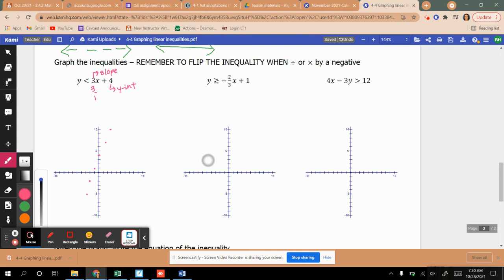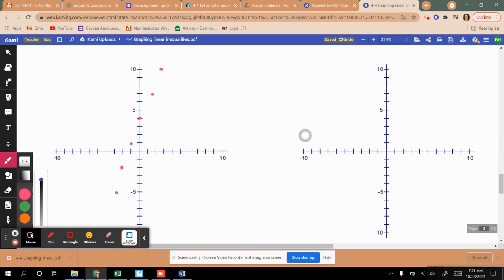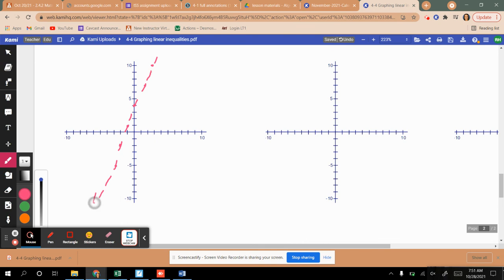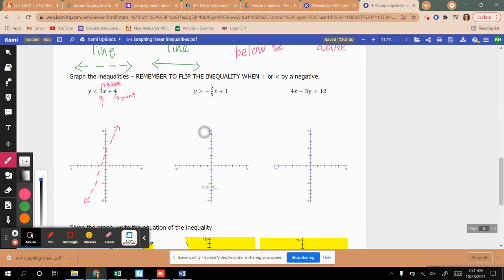Now looking at the sign, we have less than, solid or striped line? Good, it is going to be a striped line. Remember, it's still a line. You can put those arrows on there. And since it is less than, are we going to shade above or below?